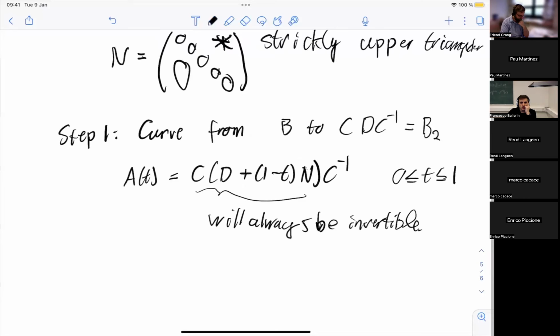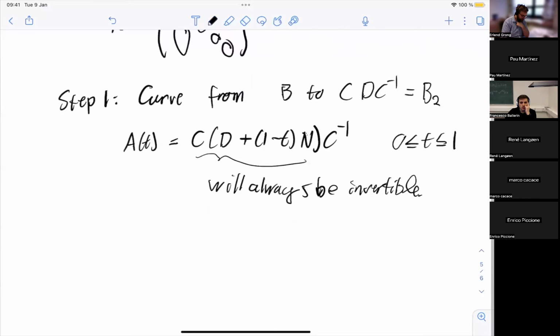And so we can change this part without risking this becoming non-invertible. So perhaps I should write this.